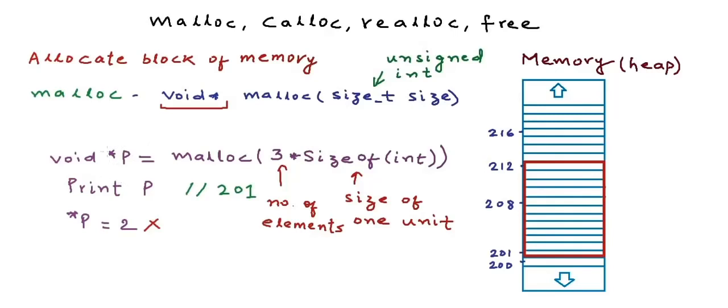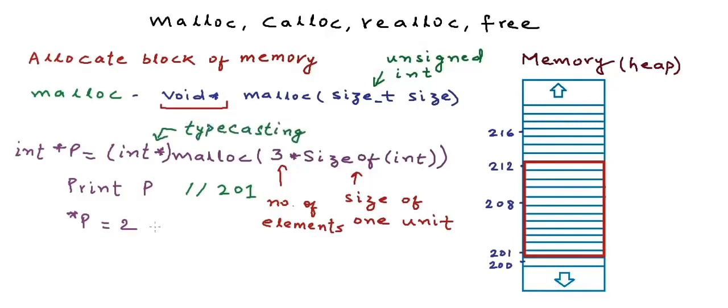So here we will write something like int *p. Instead of picking up a void pointer, we pick up a pointer to integer because we want to operate with integers. So to dereference, we need an integer pointer type. So we do the typecasting here of the void pointer, and now this statement is valid.